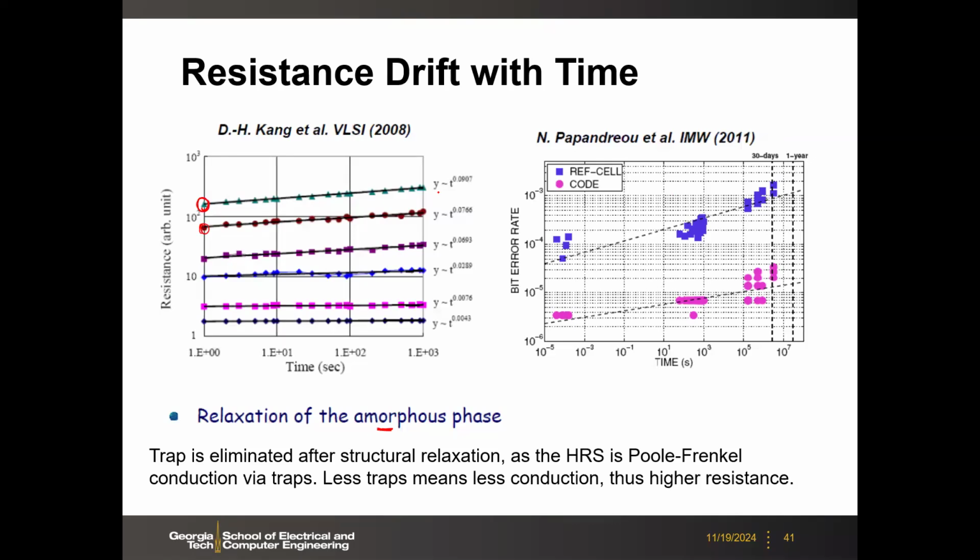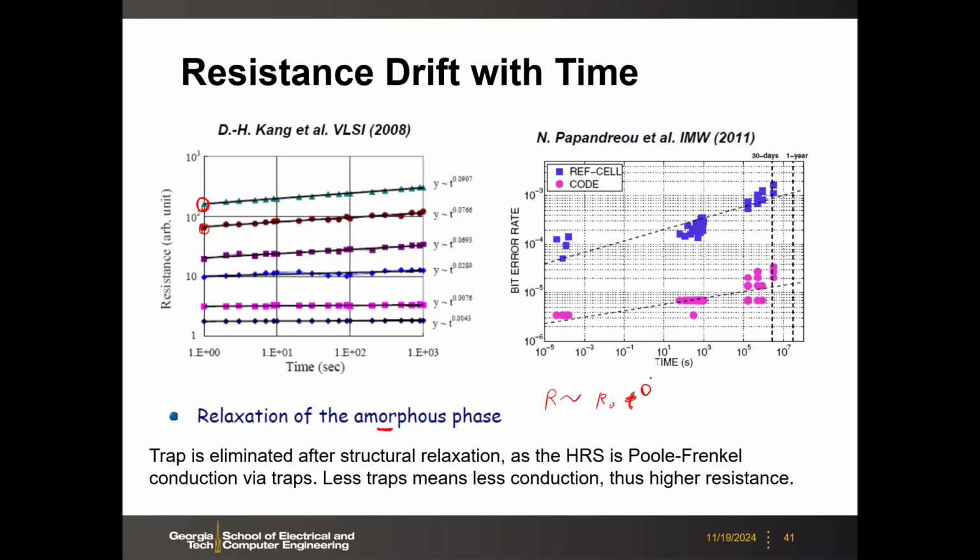So you have some slope, and this is typically modeled with this power law: the resistance is a function of the initial resistance and t to some power factor here.